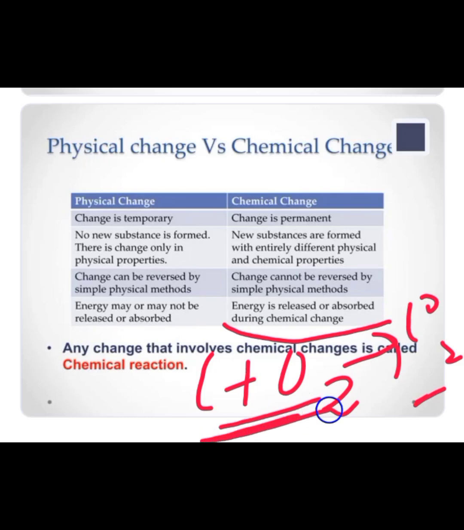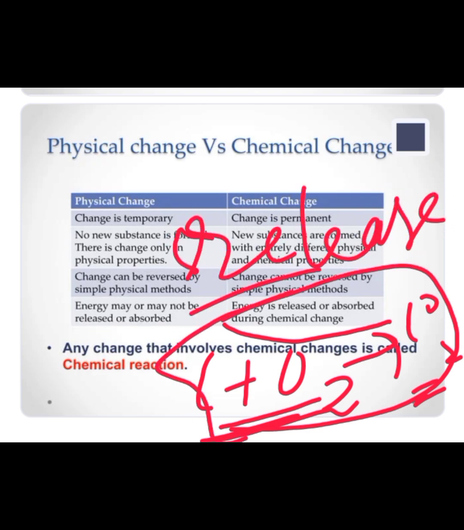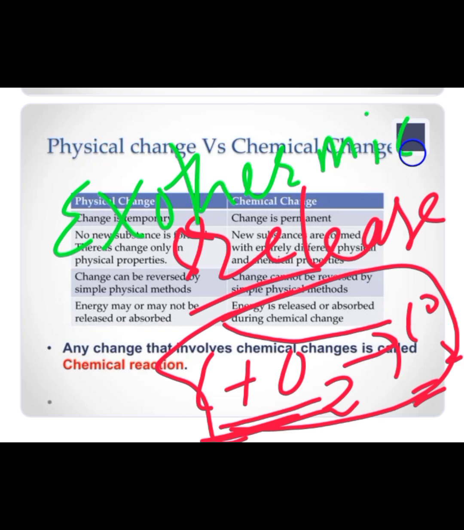Here is a combination that is taking place, and combination involves the release of energy. And release of energy indicates the exothermic reaction. Exo means the form of energy is escaping out or released from the process that is going on.